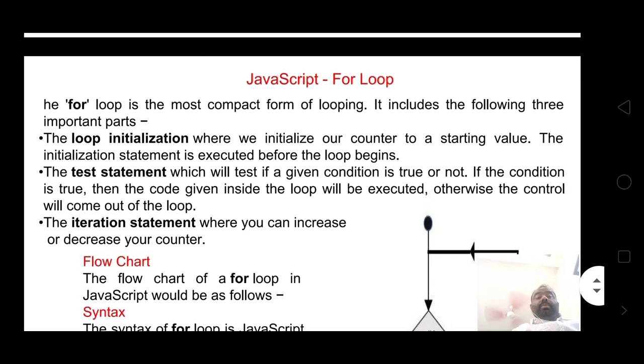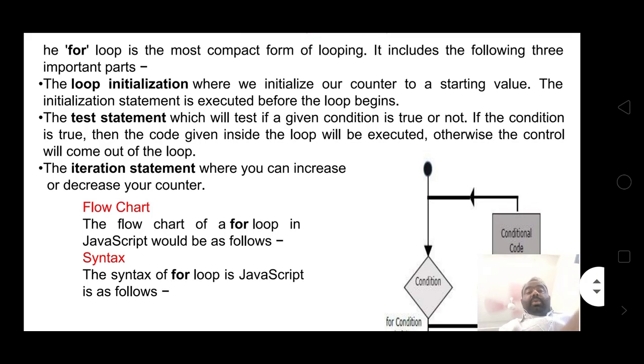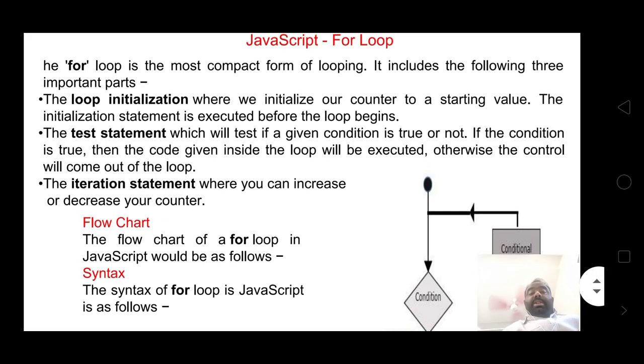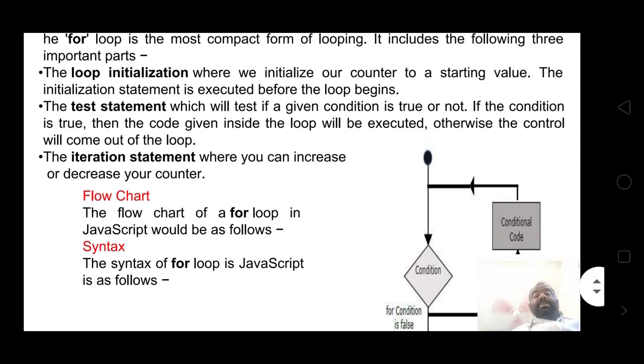For loop is a very important and compact form of looping. It includes the following three important parts: looping initialization, test statements, and then iteration statements.